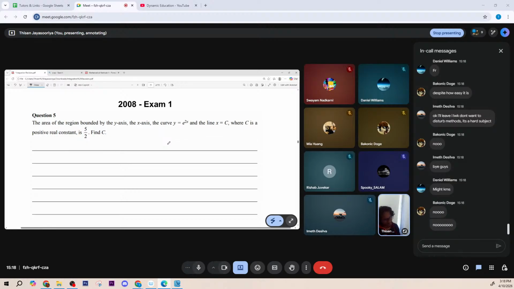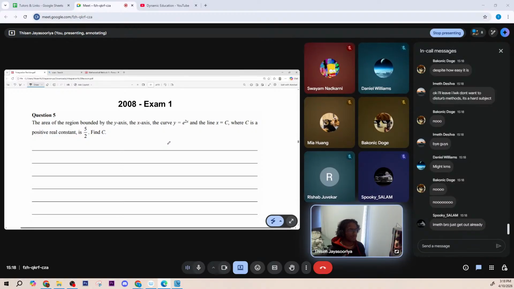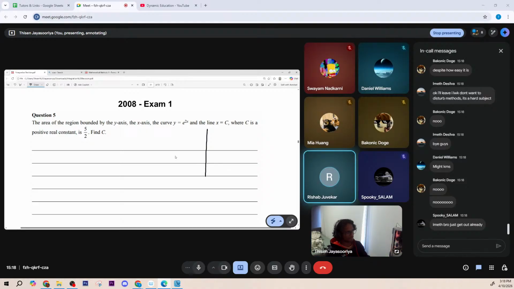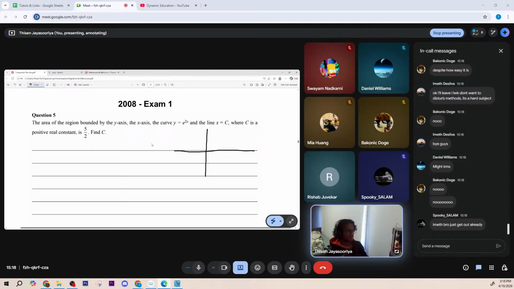So, here we have the area bounded by the y-axis, the x-axis, the curve y equals e to the power of 2x, and the line x equals c. So, Rishav, how can I sketch this area? Like draw the graphs. Yeah, so I'll draw the graph. So here is the graph e to the x, and c is a positive real constant.